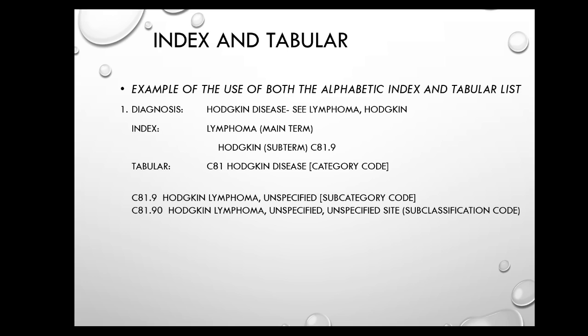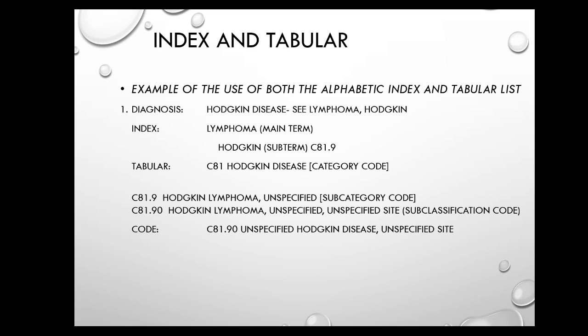Remember, in order to code to the highest level of specificity, we have to read and verify the notes indicated in the tabular list to ensure our coding is complete and correct before assigning. We will usually see a big bold red dot next to a code that is incomplete, explaining that additional digits must be used.